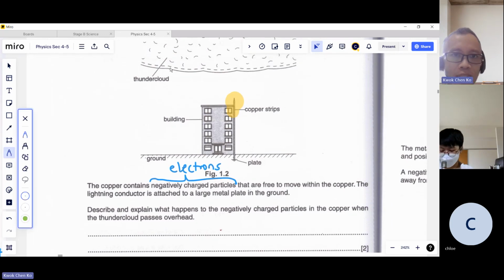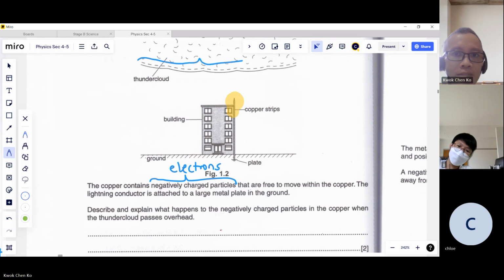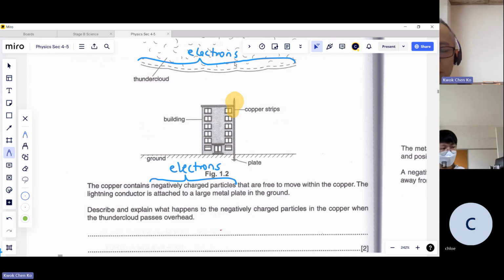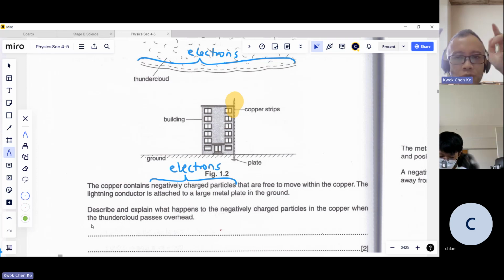First thing first, obviously, all these negative charges here are actually electrons. So you have all these electrons on the bottom surface of the cloud. Now, you do not need to use the word electrons in your answers, at least not for physics, at least not for this question. So what I can write is this.